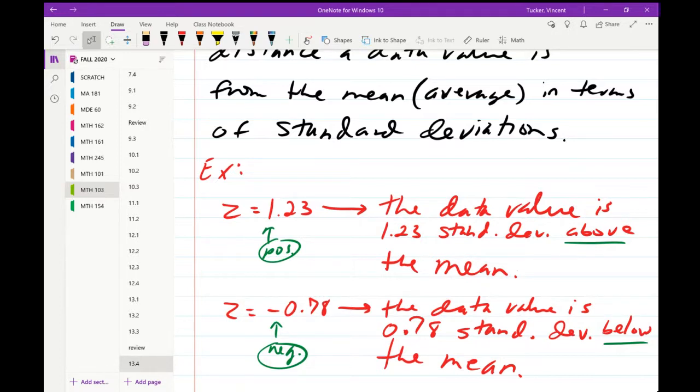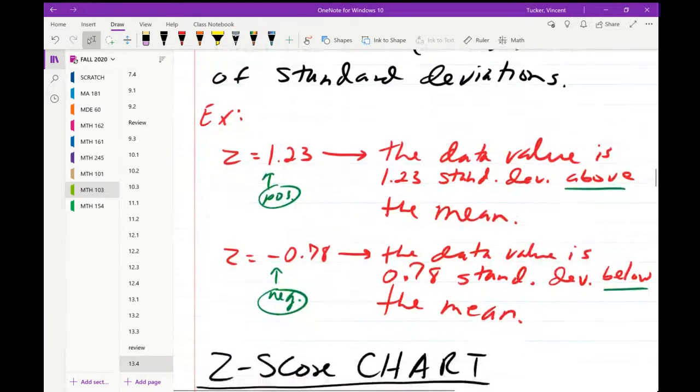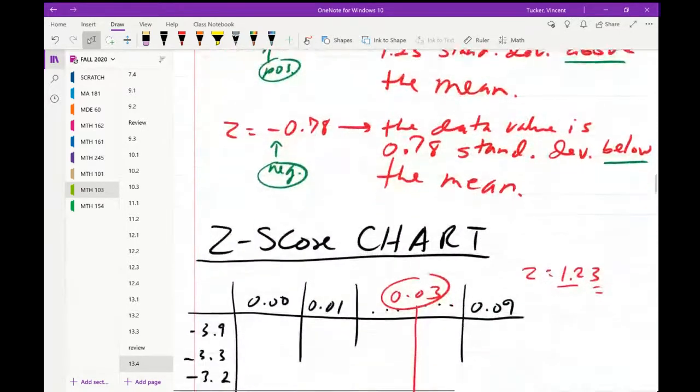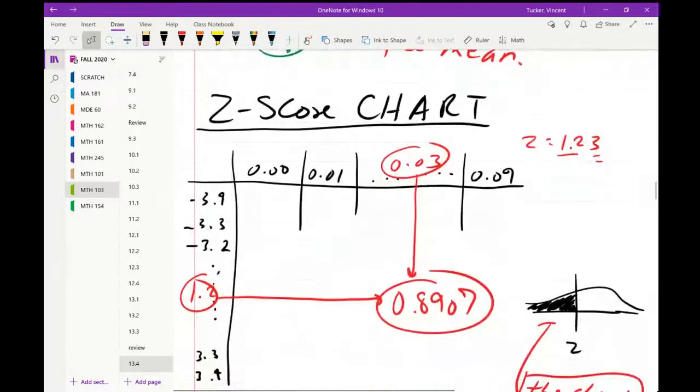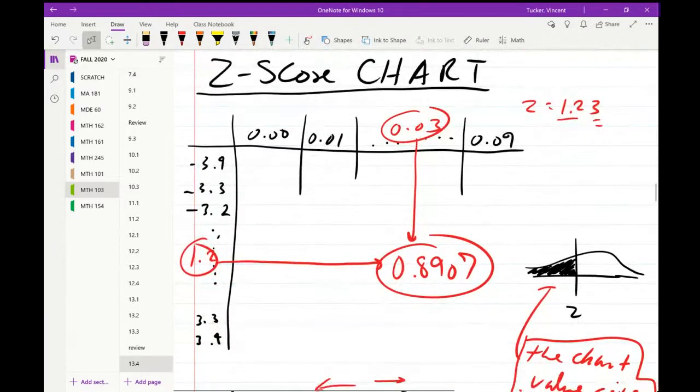All right, so we have a z-score chart, and I'll show you that in a second. I'll also be looking to send you a copy of that. The z-score chart I'm going to show you how to use is going to be different than the one that's actually in the book.